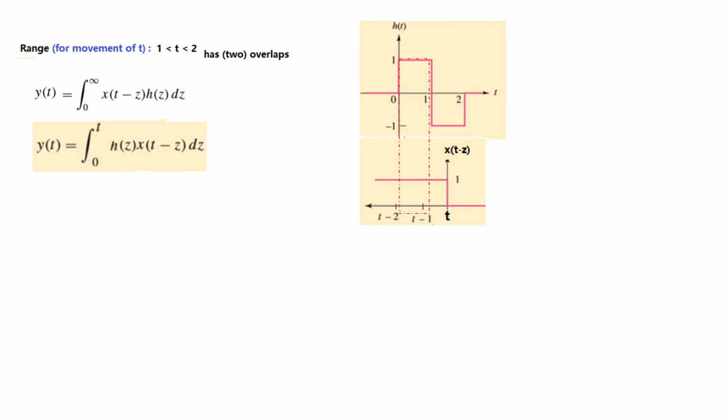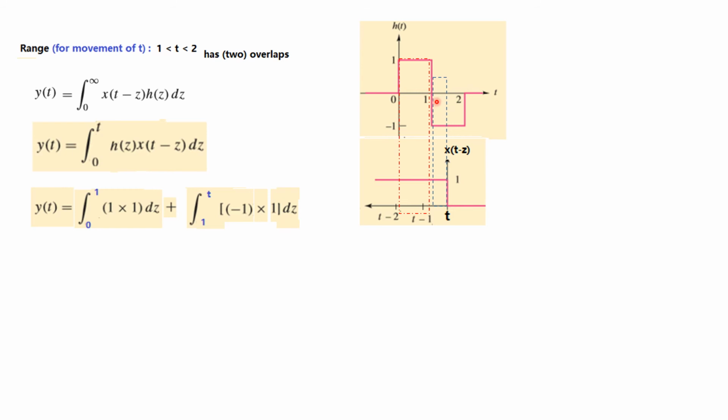Okay, so let's break this. This is the first overlap and this is the second overlap. The limit now is 0 to 1 for the first one, and this is 1 and this is also 1, so 1 multiplied by 1 dz, plus the second one.